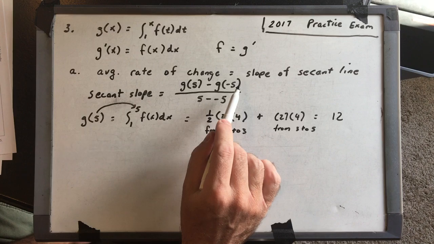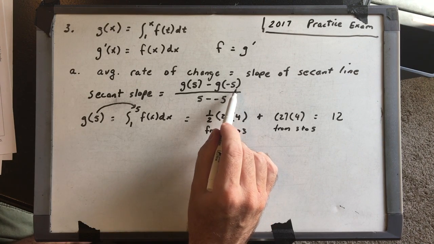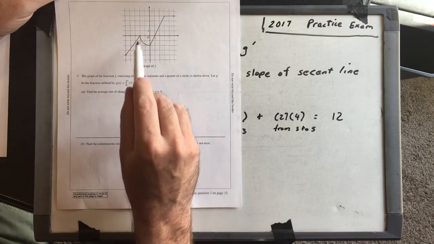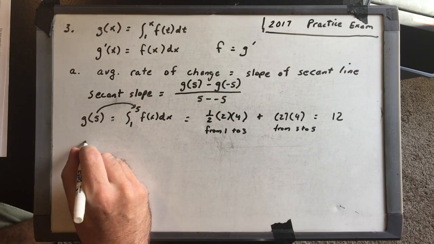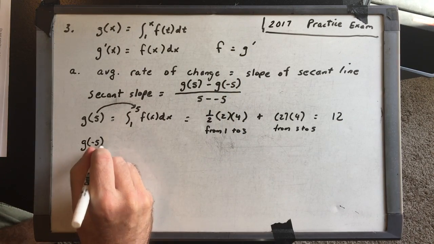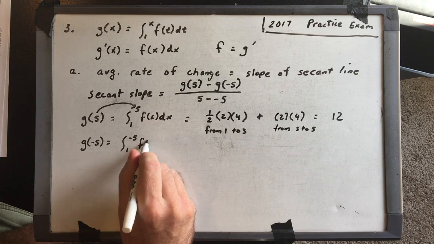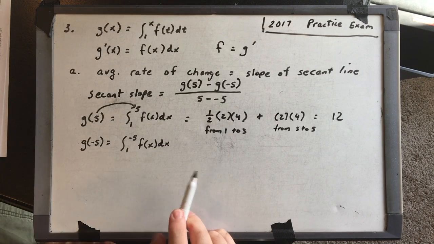But now we've got to figure out g of -5, and it's easy to mess things up here, because on the negative side of the graph, it's below the axis. So g of -5 is the integral from 1 to -5 of f of x dx. Well, what do you have to do there?